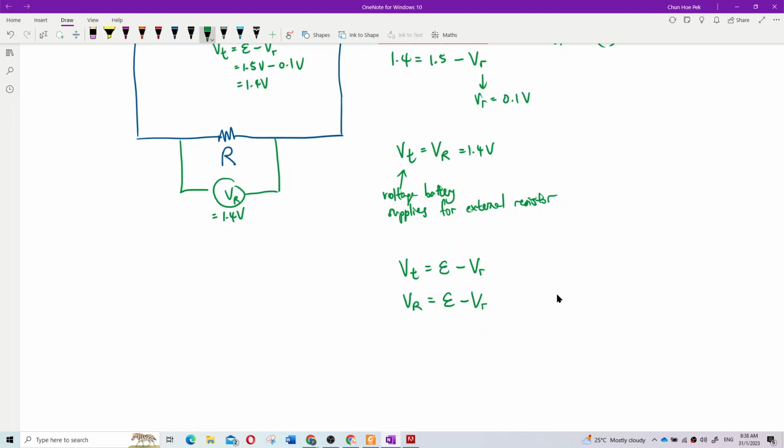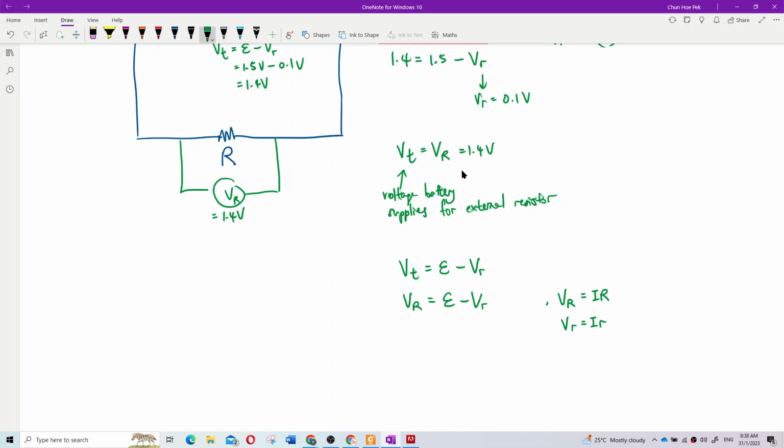Never mind. So terminal voltage is the voltage the battery supplies for the external resistor. So terminal voltage is voltage across the external resistor. If I change, we know that V small r is I small r. Understand, class?